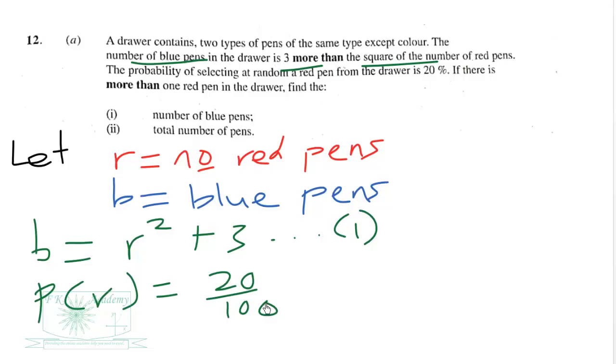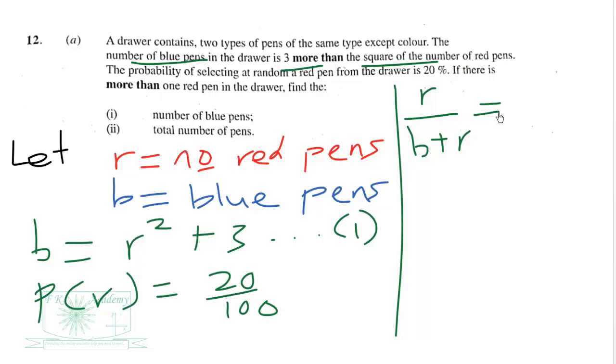And we know that the probability of finding a red pen is number of red pens, which is R, over number of pens in the drawer, which is blue pens plus red pens.